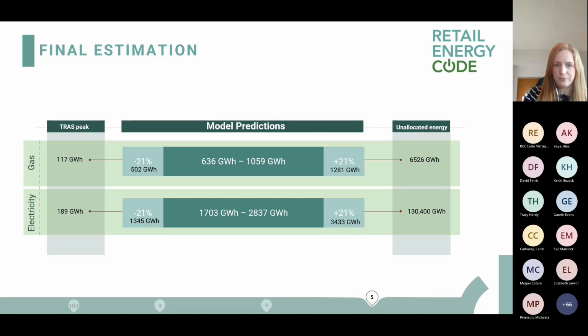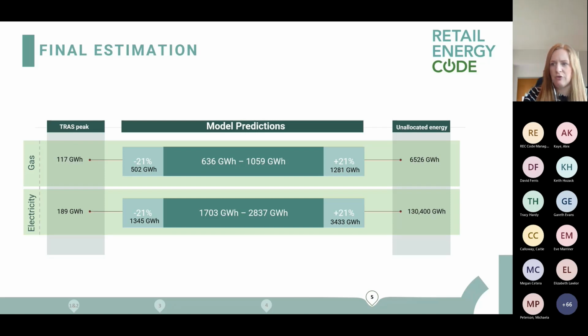For electricity, we had 189 gigawatt hours of electricity confirmed to be stolen through the TRAS investigations, and then the Ofgem outcome was a much larger number, 130,000 gigawatt hours.